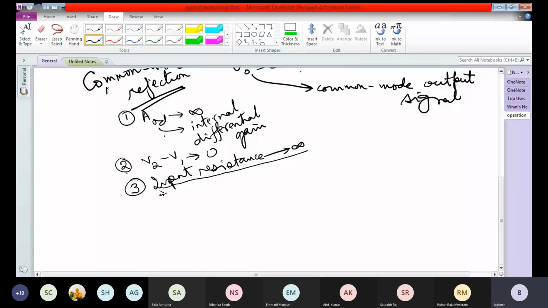Okay, so this is the third characteristic of the operational amplifier, which is that the input resistance goes to infinity. The fourth characteristic of the operational amplifier is that the output resistance goes to 0. It is very low.